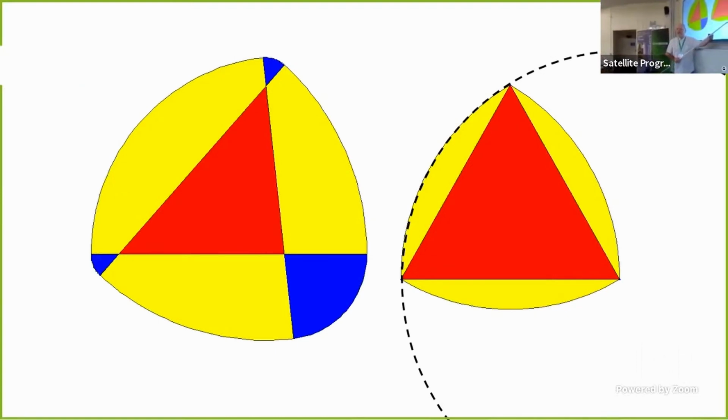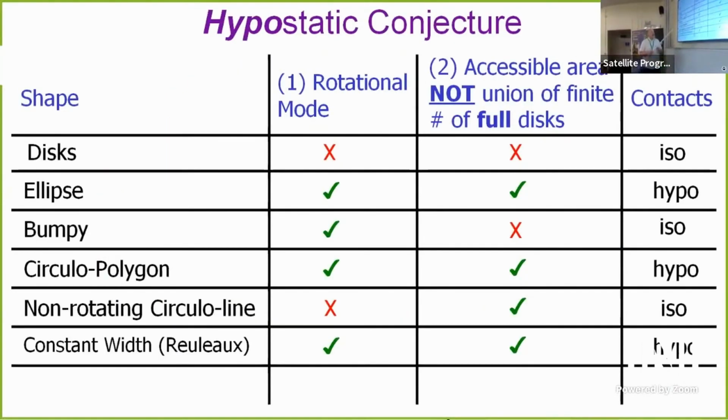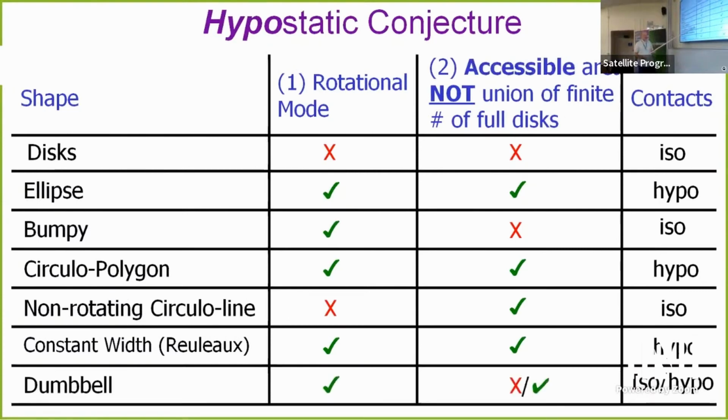I need an infinite number of circles to make this point. That's why we add full here. So it must be a union of a finite number of full disks, as we've already talked about a lot. If they're not full disks, then you're going to have some kink somewhere, which you either think about as not a full disk or as something that's going to require many, many disks. So they're hypostatic because of that, and they count also.